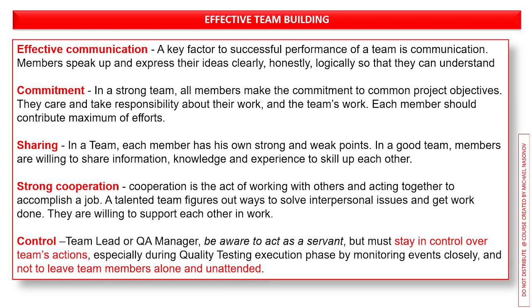Simply speaking, uncommitted persons are not supposed to be on your team. Sharing. Obviously, some people are stronger, a little more experienced, others less experienced, so we're all supposed to share. Strong cooperation. Quite obviously, a talented team figure is supposed to share with beginners, for example, in a Scrum team.